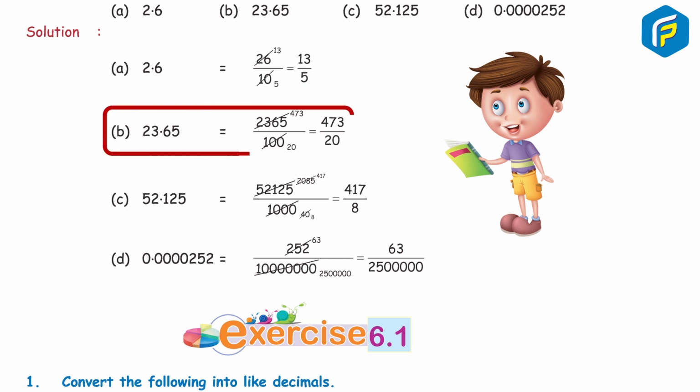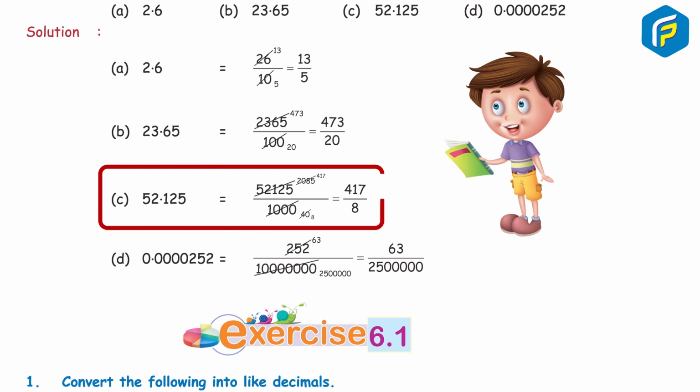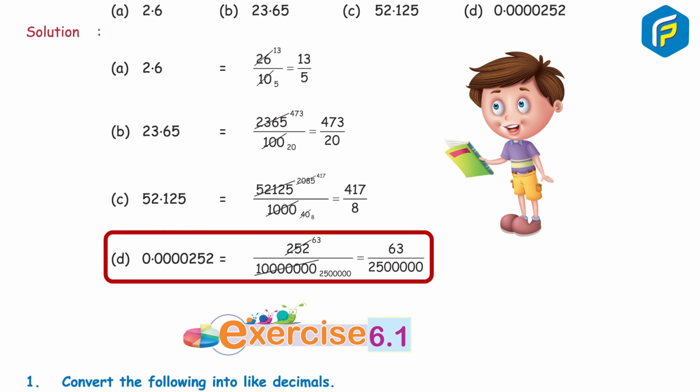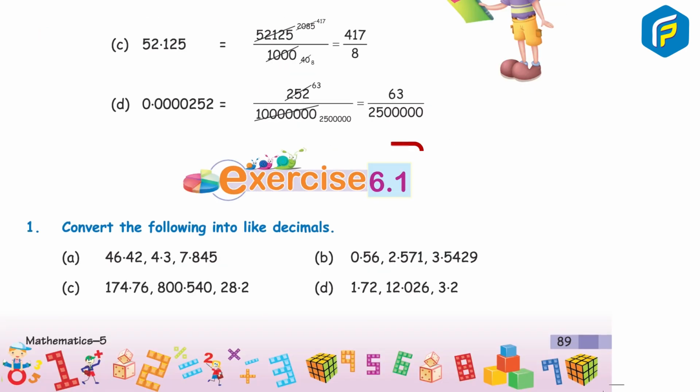B: 23.65 is equal to 2365 upon 100, which is equal to 473 upon 20. C: 52.125 is equal to 52125 upon 1000, which is equal to 417 upon 8. D: 0.0000252 is equal to 252 upon 1 lakh, which is equal to 63 upon 25 lakh.